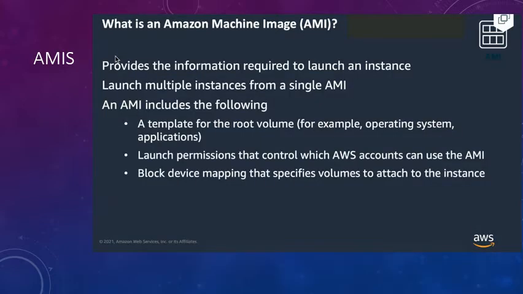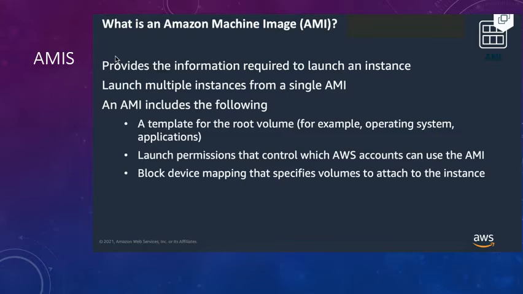Just a quick little bit of in-depth on the AMI because it does come up in the exam a lot. So an Amazon Machine Image, or AMI, provides all the information needed to launch an instance, to launch a virtual machine. You can launch many instances from a single AMI. So it's kind of like a template for launching a number of instances, a number of virtual machines.